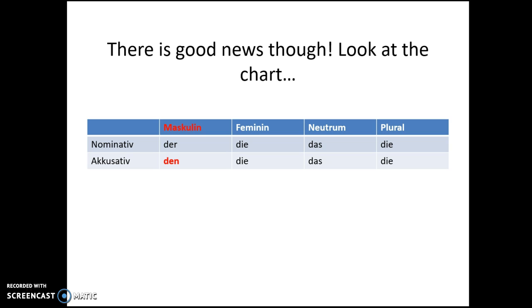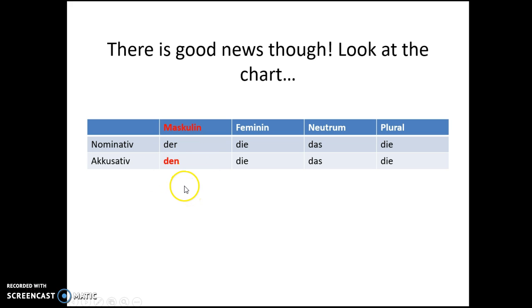If you've noticed that in this chart, when we look at the nominative, we have der, die, das, and die for plural, and then we look at the accusative forms of the, we have den, die, das, and die. You'll notice that only the masculine form of the changes.